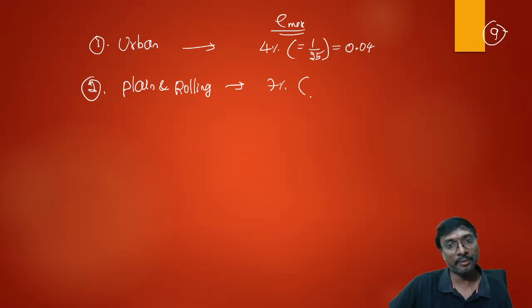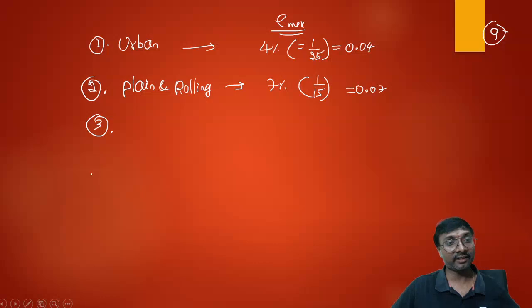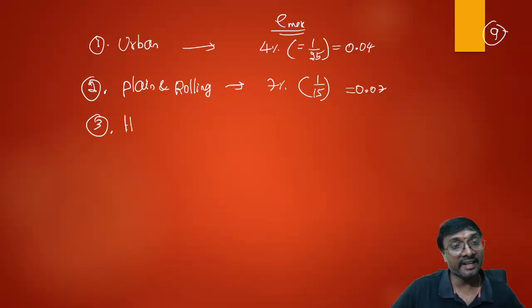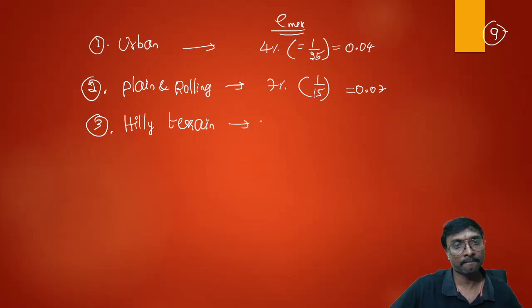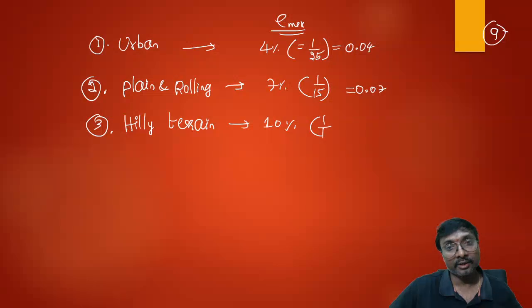That is 7%, approximately 1 in 50, or 0.07. Next, the third one, hilly terrain: 10%. 10% means 1 in 10, or it is also equal to 0.1. Next, what is the fourth one?